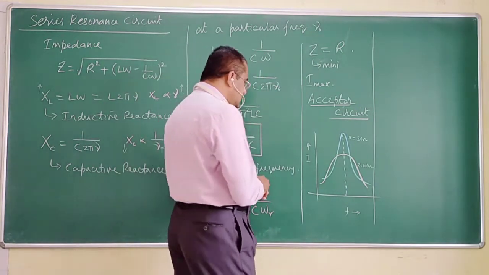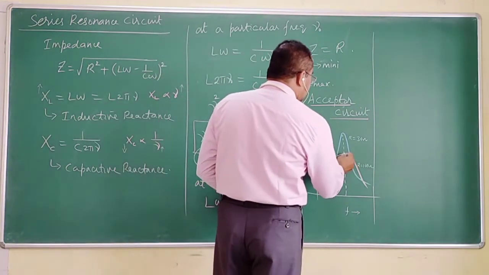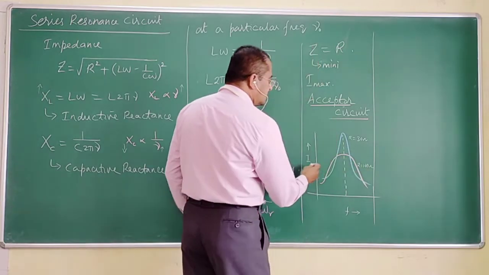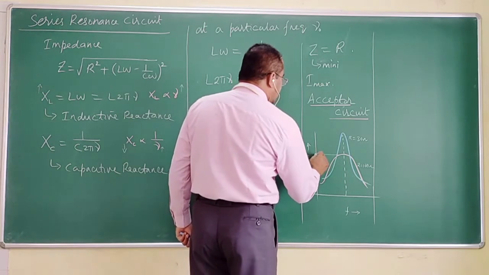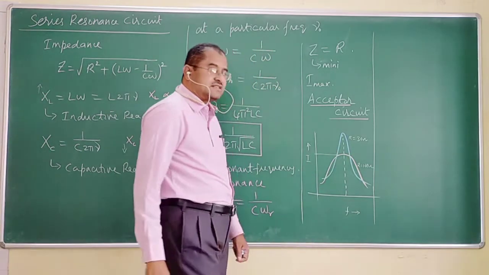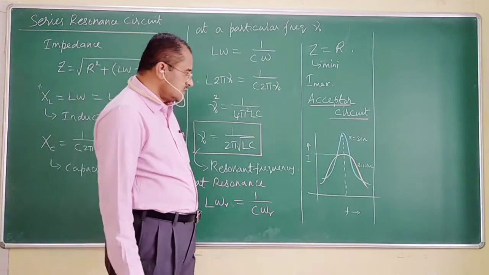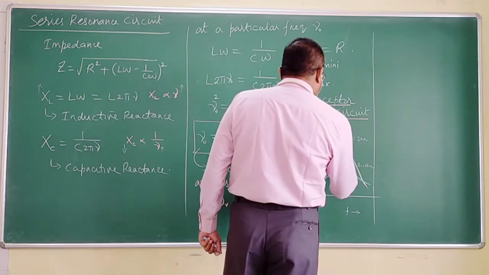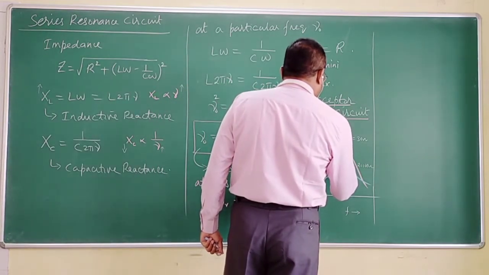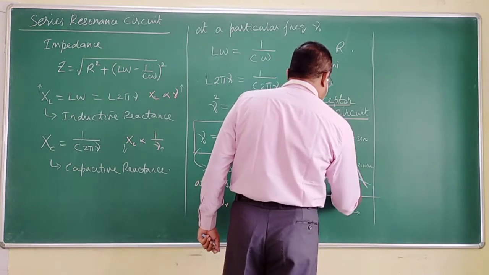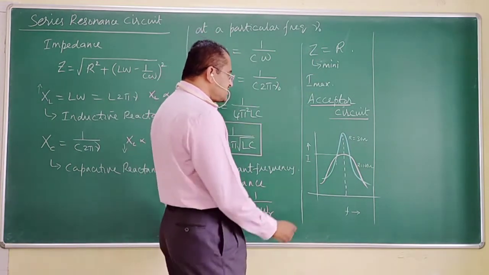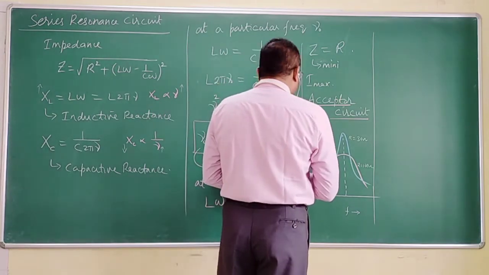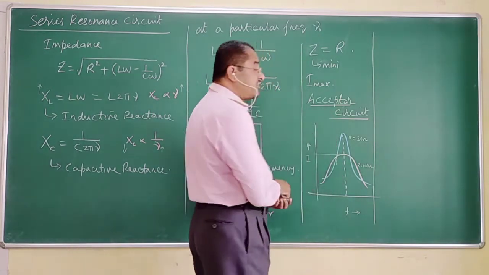If you vary the frequency, the frequency at which current is maximum you call the resonant frequency.